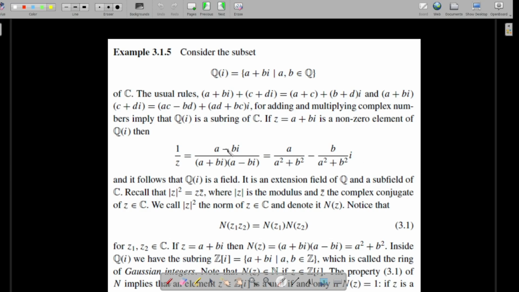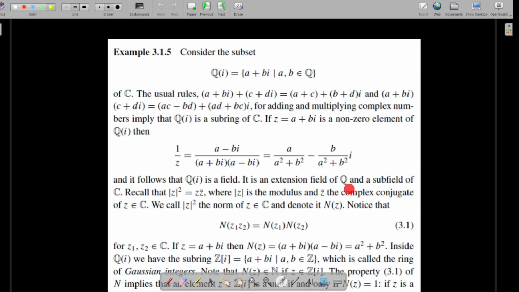Since this a and b you are taking always belong to Q, this element also belongs to Q. This a by a square plus b square and minus b by a square plus b square also belong to Q. Therefore, this element 1 by z also belongs to Q of i. And it follows that Q of i is a field, because if you take any non-zero element in Q of i, it has an inverse like this, which belongs to Q of i. Therefore, Q of i is a field.